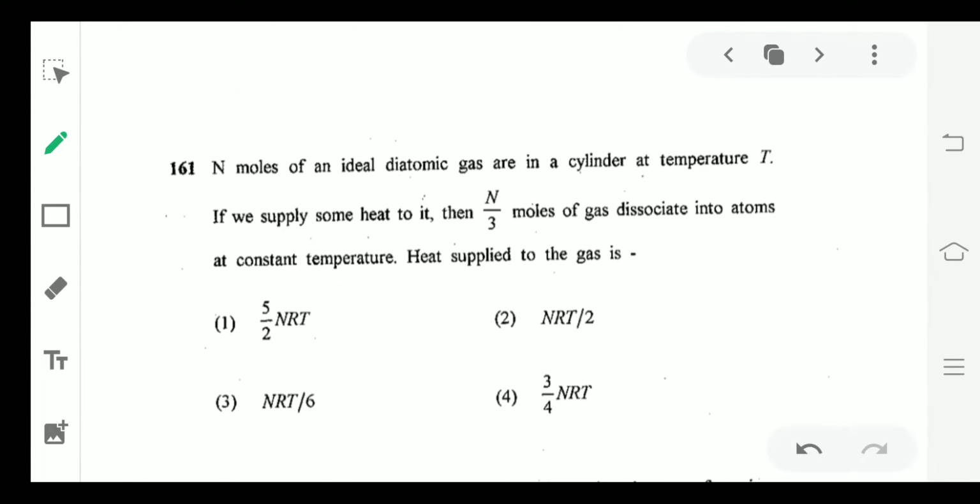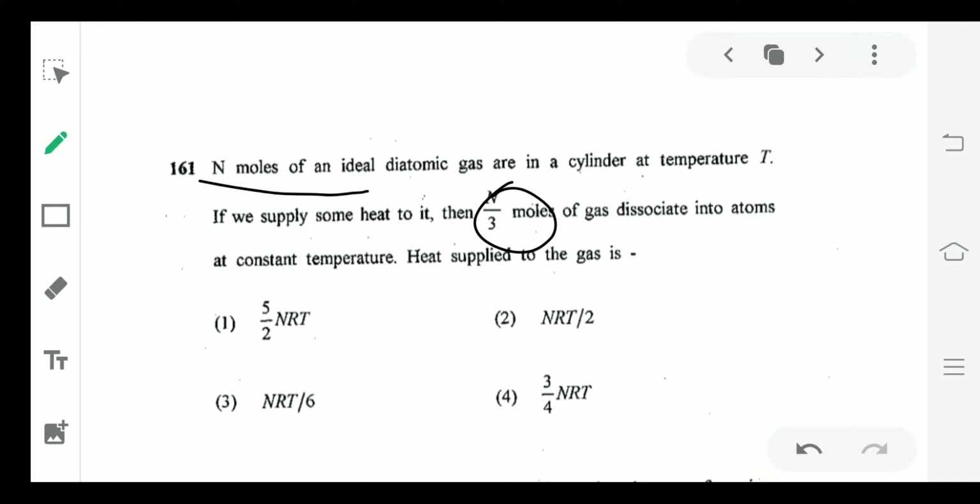n moles of an ideal diatomic gas are in a cylinder at temperature T. If we supply some heat to it, then n by 3 moles of gas dissociate into atoms at constant temperature. Heat supplied to the gas is? Here we have to calculate how much heat is supplied so that n by 3 moles from these n moles of diatomic gas are broken.